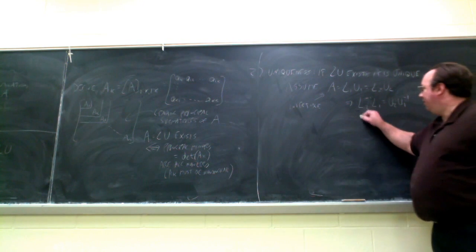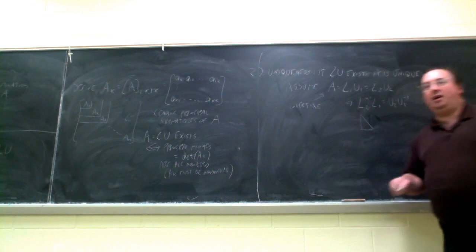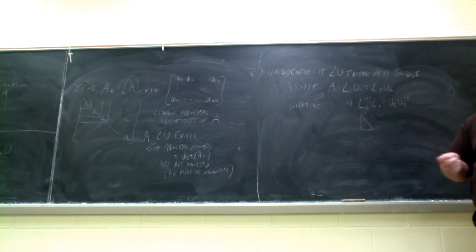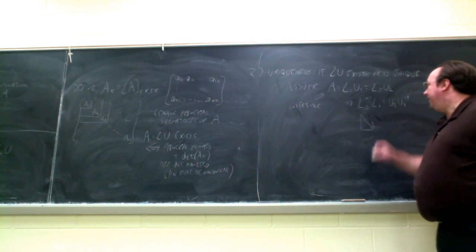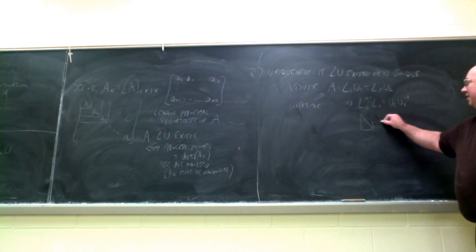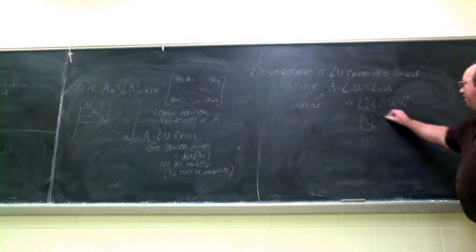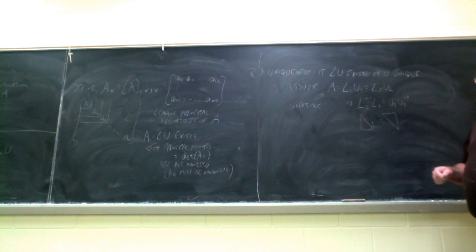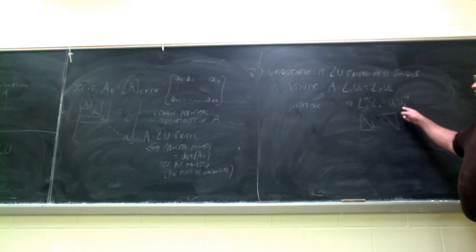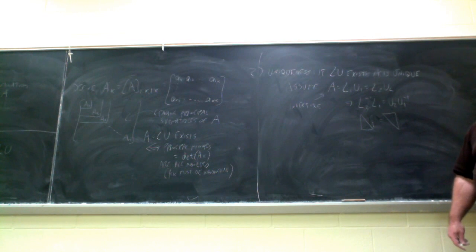It's unit, because L1 and L2 are unit in an LU decomposition. And what about the right side? It's upper, but it's not unit, because U1 and U2 are general upper triangular matrices, not unit upper.